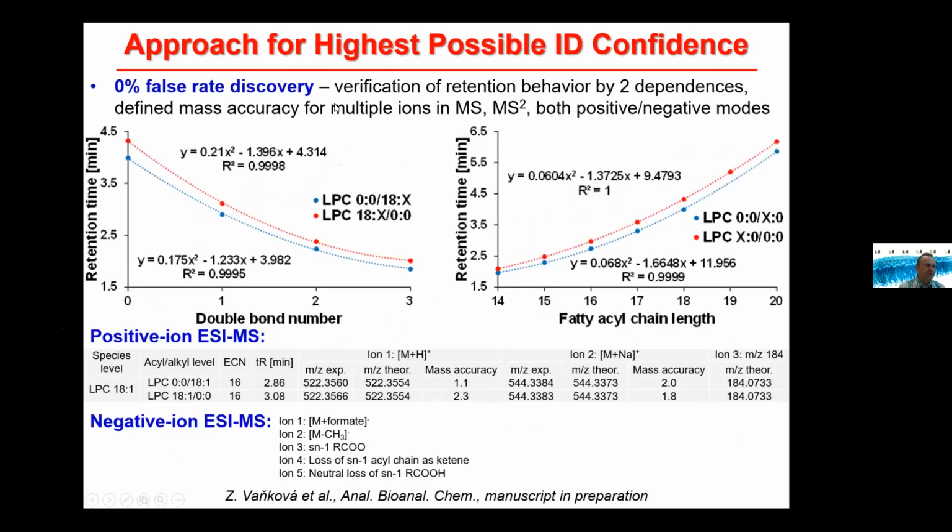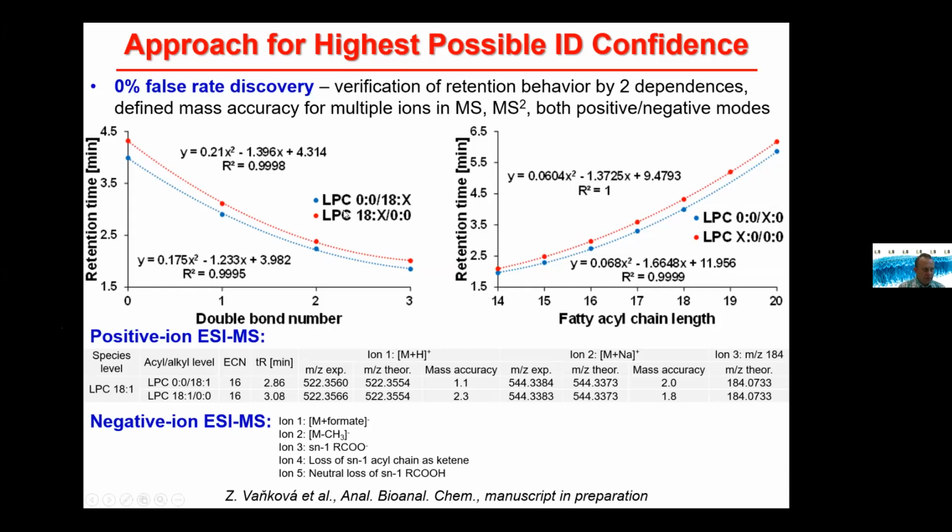That's why I'm going towards this approach for the highest possible confidence of identification, which I like to call 0% false discovery rate. Before you present any lipid detected in your biological system, you should do everything possible to exclude possible mistakes. So we propose here to verify by the logical retention behavior, at least by two dependencies, as shown here for lysophosphatidylcholines.